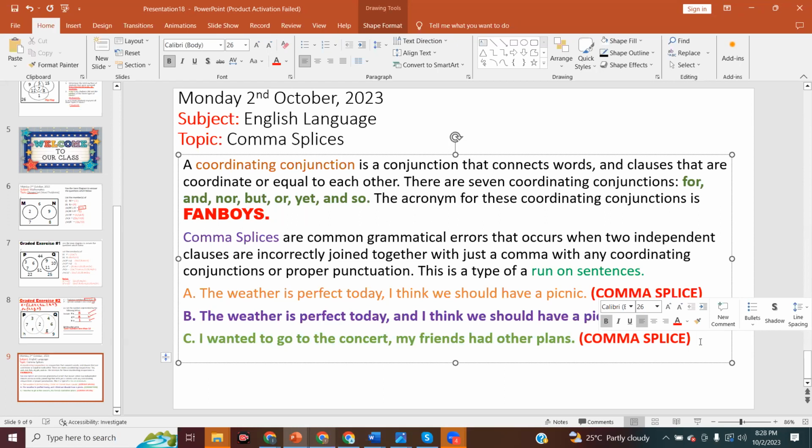Good. So in the chat, I want you to correct it. Write the correction. How would you correct this sentence? You could use any one of the coordinating conjunctions that you feel is appropriate.